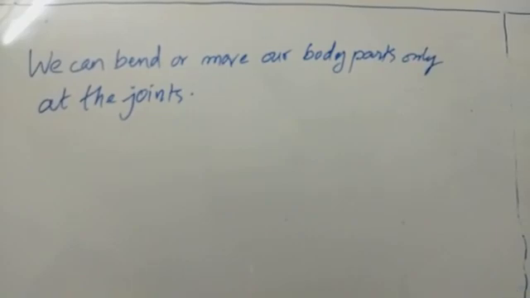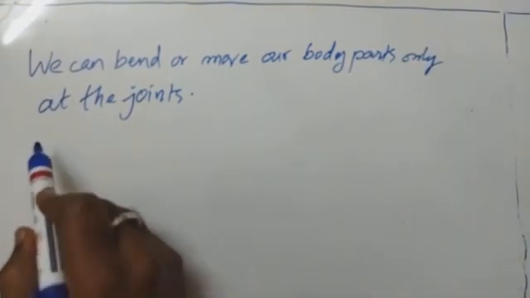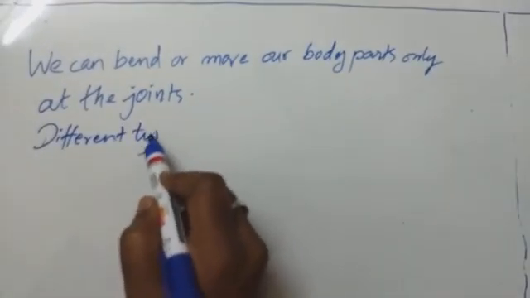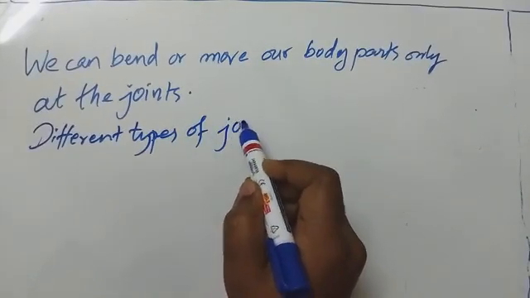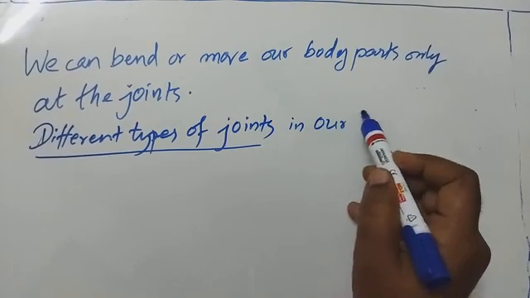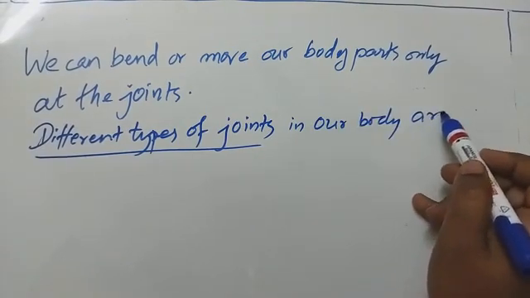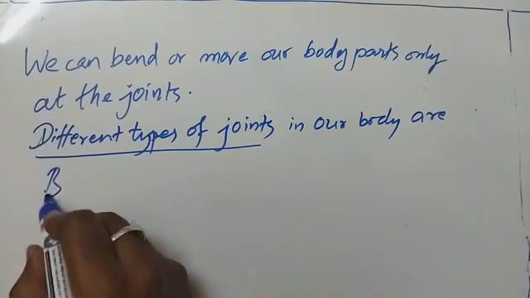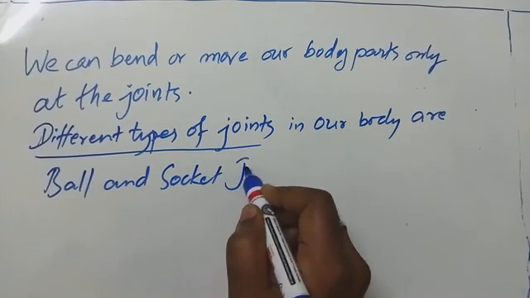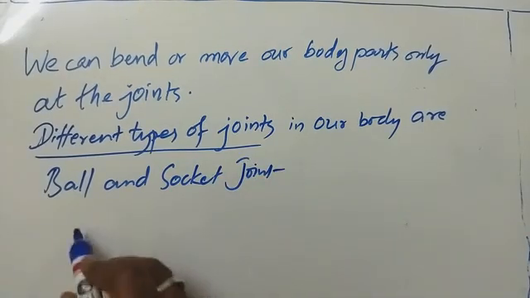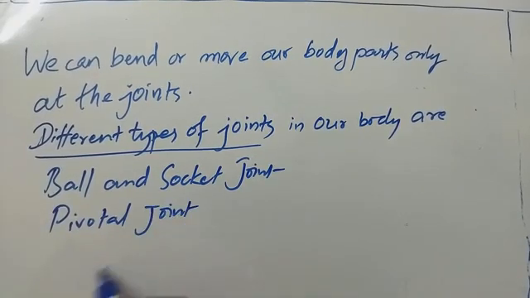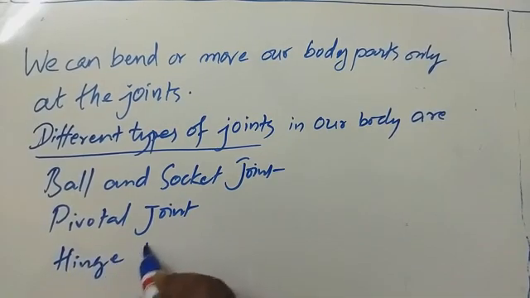The different types of joints in our body are ball and socket joint, pivotal joint, hinge joint.